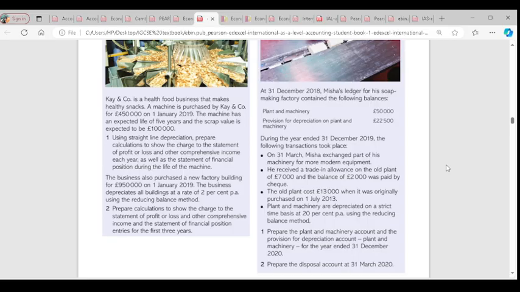This is an income, operating income. If the credit side is more than your debit side, it is a profit. If it were the other way, that is a loss, and it will be considered as expenses. Is it clear?